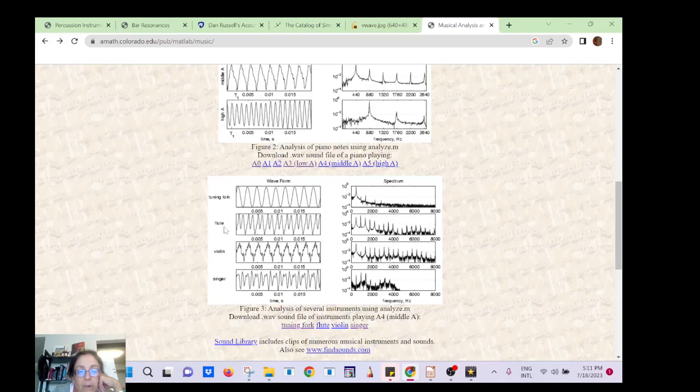For the flute, you see that the cycle repeats itself, so you can find the wavelength, and if you have the speed of the wave, then you can find the frequency. A violin will have a different speed of the wave and a different wavelength, but the frequency, the pitch, will be the same.